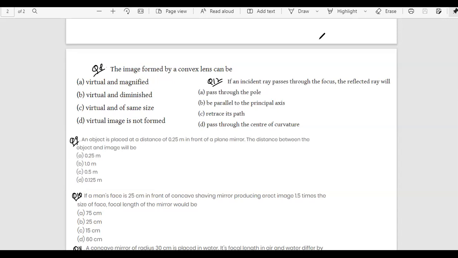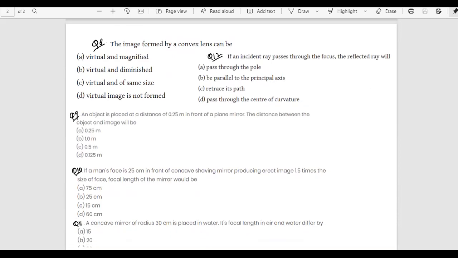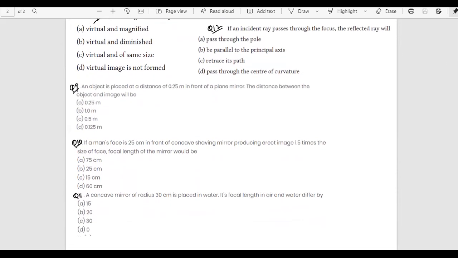Question number 10, beta. Sir, it will be 75 centimeter.